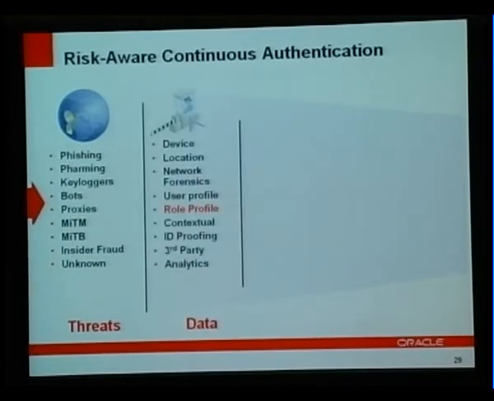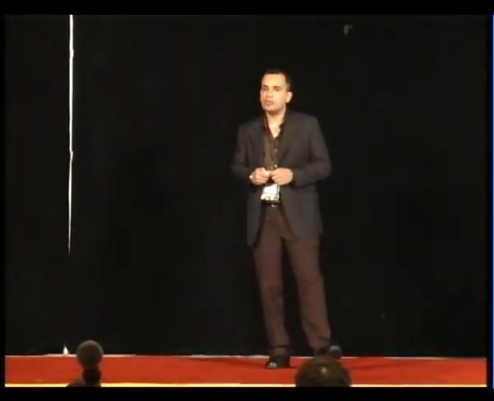And we see that the data that resides within devices, which could be defined as different browsers, locations, network forensics, your context, your third party, as well as your analytics, is all part of the data that is passing through the network and so forth. So we see there's a need for having proper security and business policies and workflows to manage a lot of these threats as well as data.